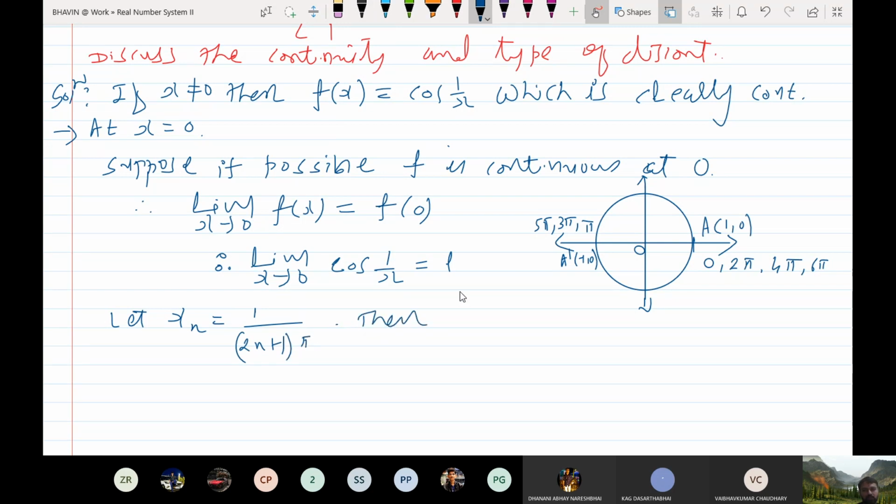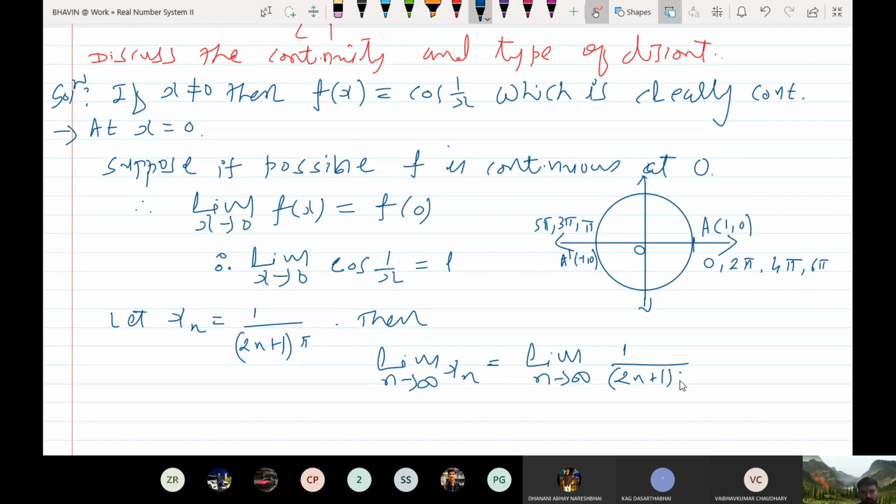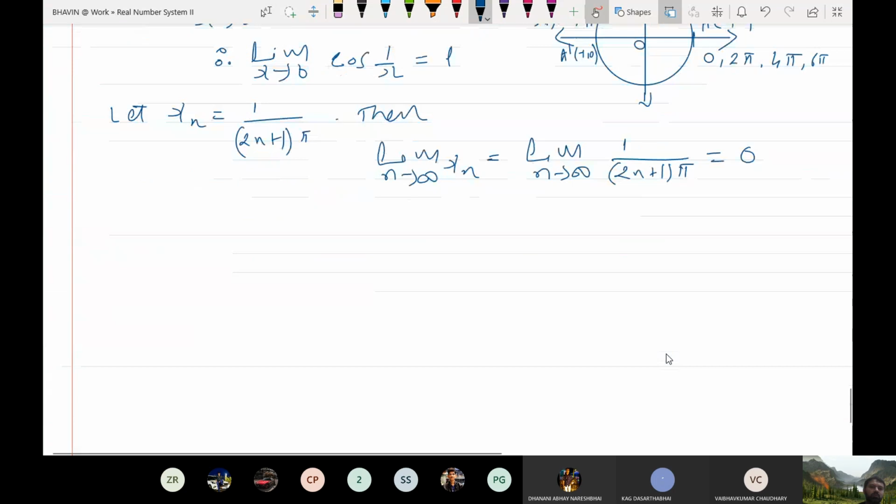Then what is limit of the sequence as n tends to infinity of xn, which is 1 upon (2n plus 1) pi? So pi is constant, so it can be taken outside of this limit. So the answer is 0.